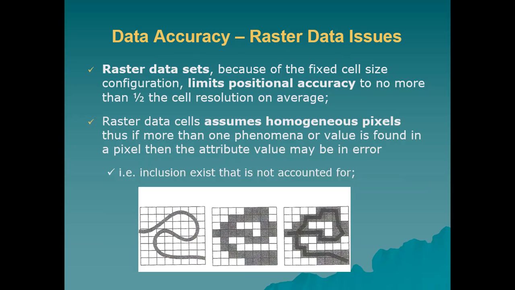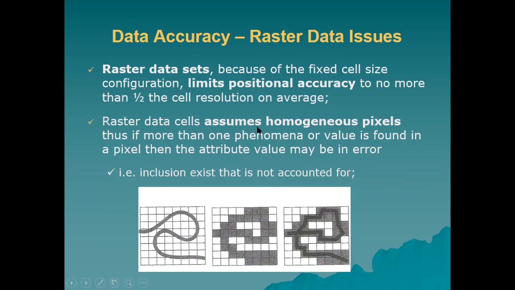All you can say is that it falls within there. Or typically also, if the size of a feature is smaller than half that 10-meter size, which is 5 meters, it means you cannot really determine much about the location or the size of that feature because it's smaller than that half cell resolution. So you have a bit of uncertainty in terms of positional accuracy with the use of the raster data model.